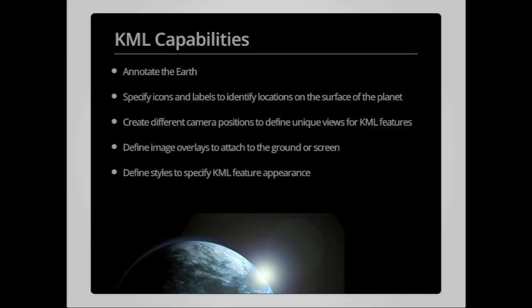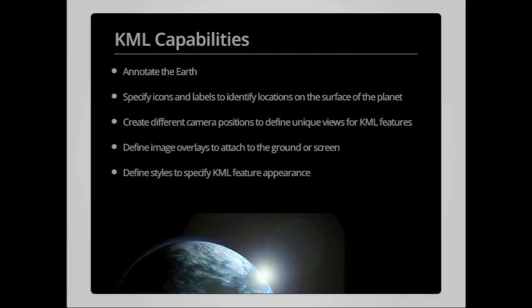So think of the difference of putting a label on a map, and as you move that map, the label moving with it, as opposed to, say, a logo for the source of the KML file that you always want to have appear in the lower left-hand corner of a view window of the software application that is viewing that KML file.